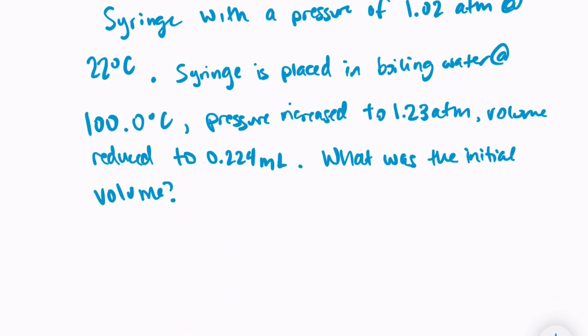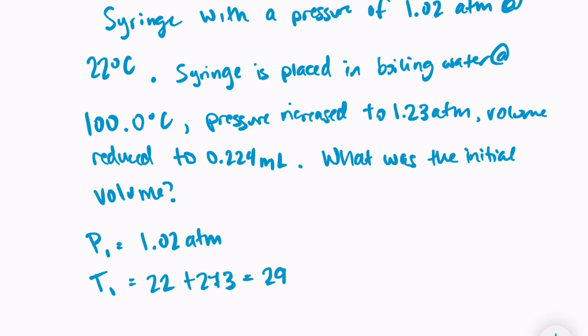So first, let's write down what we know. We know P1 is equal to 1.02 atmospheres. We know T1 is equal to 22 plus 273, which is equal to 295 Kelvin. We do not know what V1 is. P2 we know is 1.23 atmospheres.